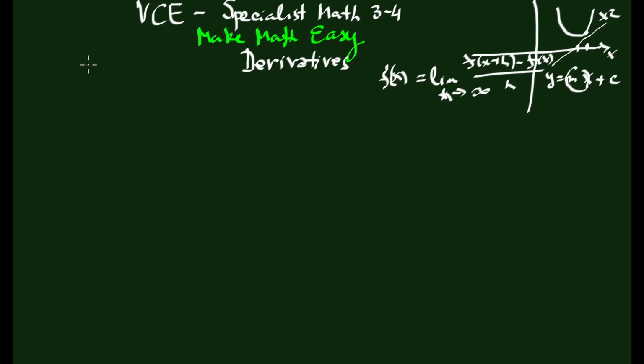So first we're going to define what our rules and formulas are. Whenever we do examples and questions, we need to use the formulas and the rules to get the solution to the problem.